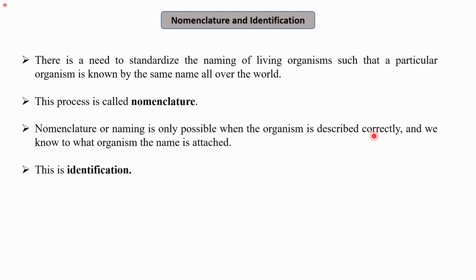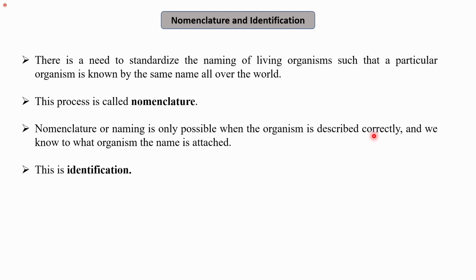All these things need to be identified, and this process is called identification. So identifying an organism correctly as a distinct organism is important, and then naming it is known as nomenclature. So these are two different processes, nomenclature and identification. So we will deal with nomenclature.